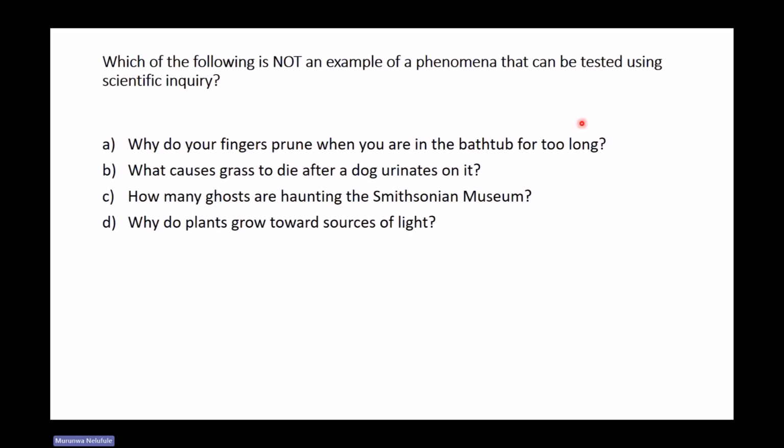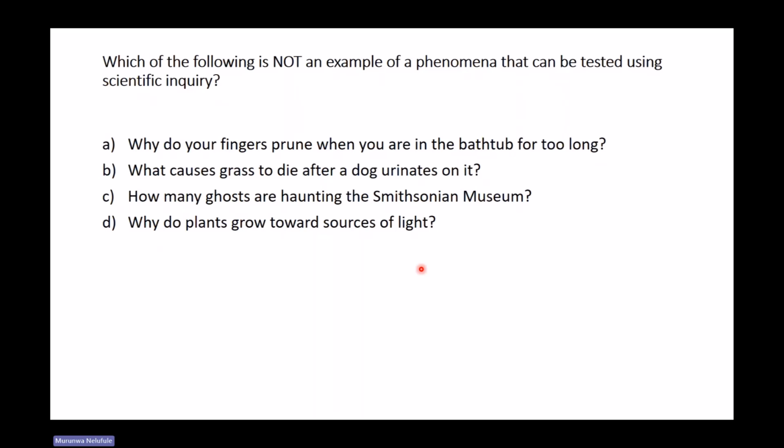Which of the following is not an example of a phenomenon that can be tested using scientific inquiry? A, why do fingers prune when you are in the bathtub for too long? B, what causes grass to die after a dog urinates on it? C, how many ghosts are haunting this museum? D, why do plants grow towards sources of light?